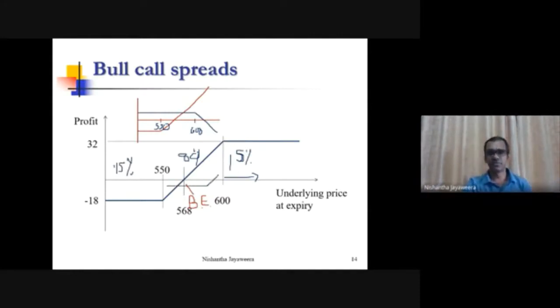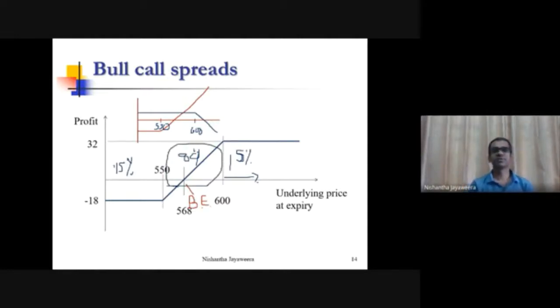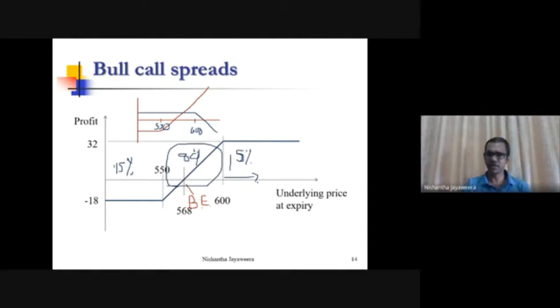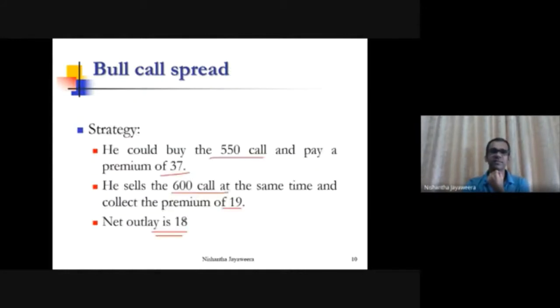So more chances to remain between 550 and 600. If you just buy a call, even though you keep open the high side, if it is only to be realized 50 at the maximum, you have to pay 37 premium.